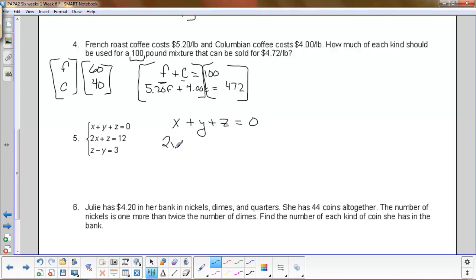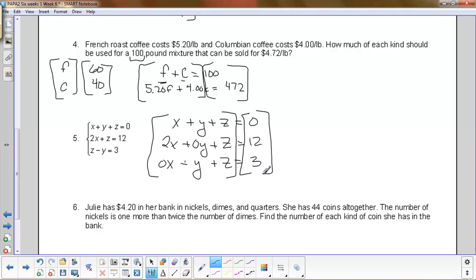So 2x plus 0y plus z equals 12. Please account for all missing variables by using 0. 0x plus minus y plus z equals 3. Please rewrite all of the equations so the variables x, y, and z line up perfectly.